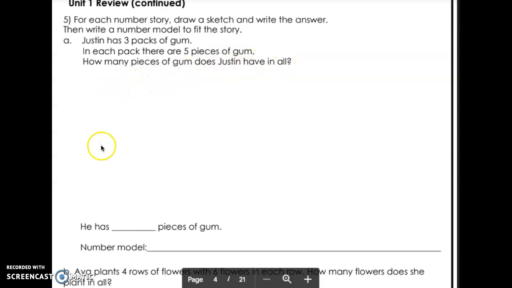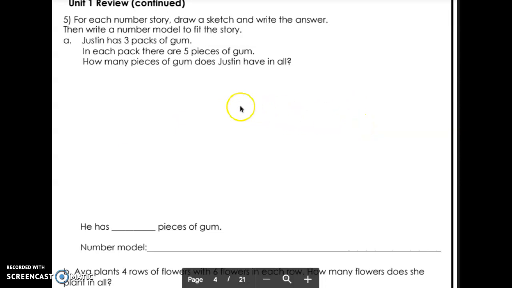You are going to draw 3 packs of gum. You could do 3 squares. 1, 2, 3. And then you're going to draw 5 pieces in each one, or just write 5, 5, and 5. Or draw little sticks of gum inside them. 5 in each one. 5 in that one, 5 in that one, and 5 in that one.